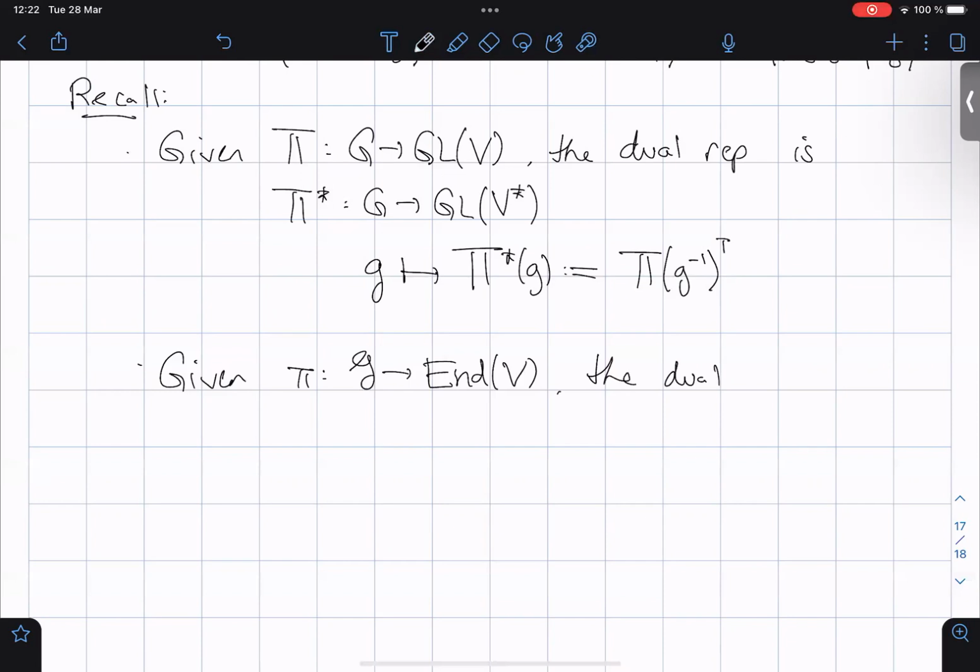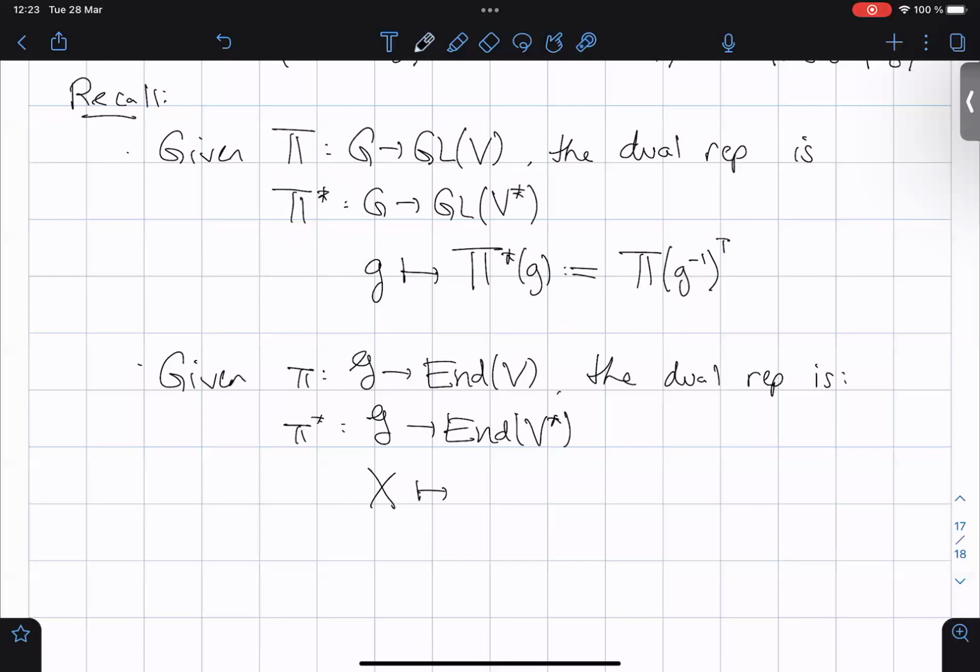Okay, so how does this dual representation for the Lie algebra work? We're going to define a representation on V star. What that does is, if you take a curve like g(t) over here, I'm going to differentiate this expression at the identity.